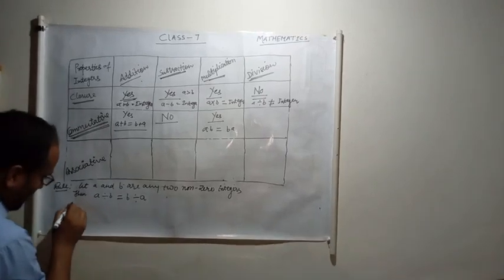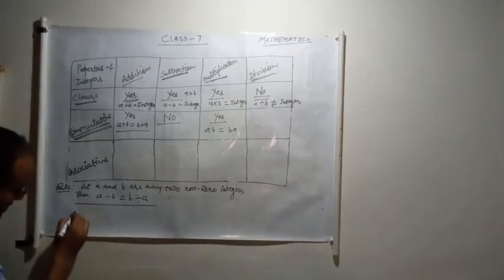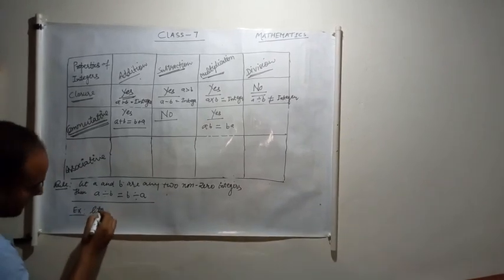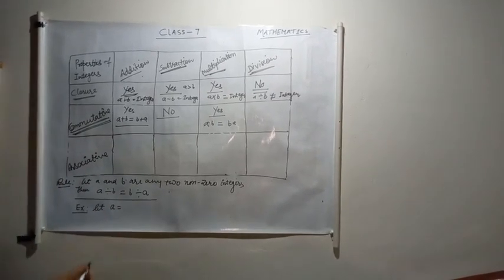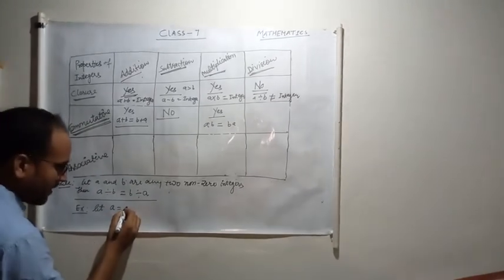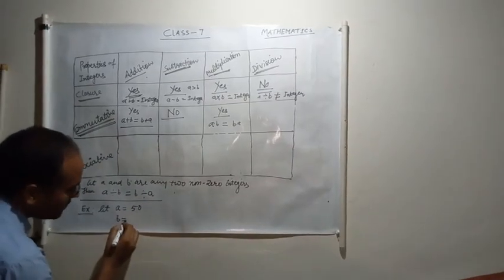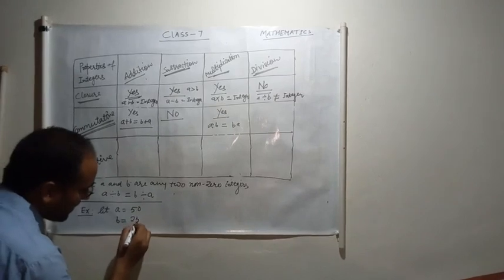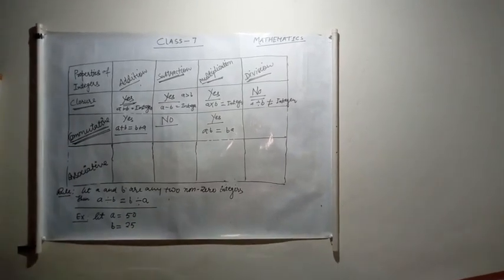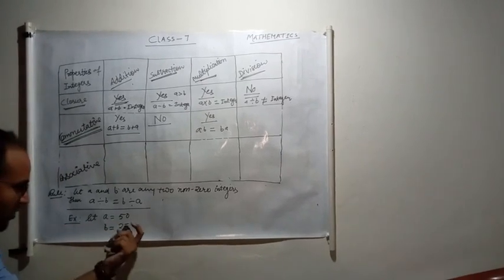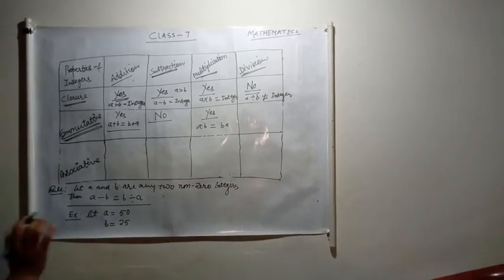Let's check with these examples. Let a is equal to 50 and b is equal to 25. I have taken two integers.